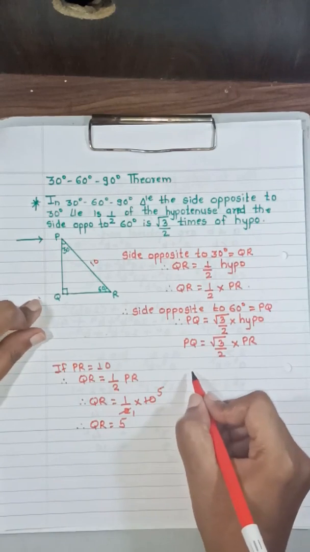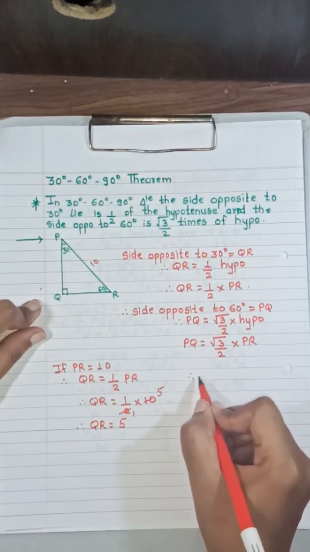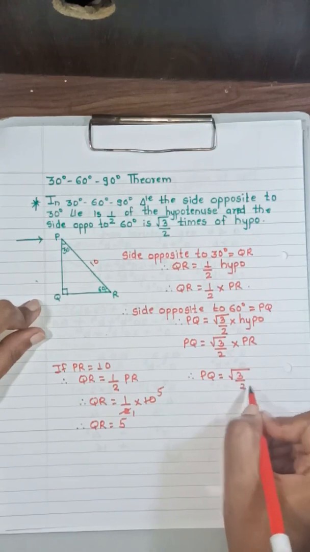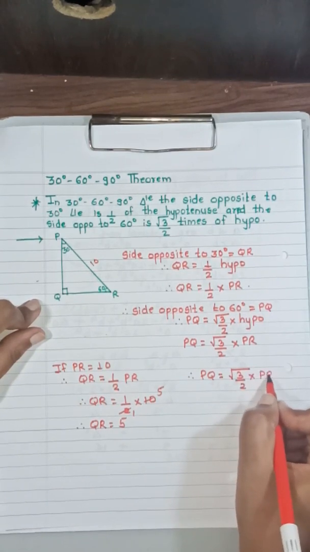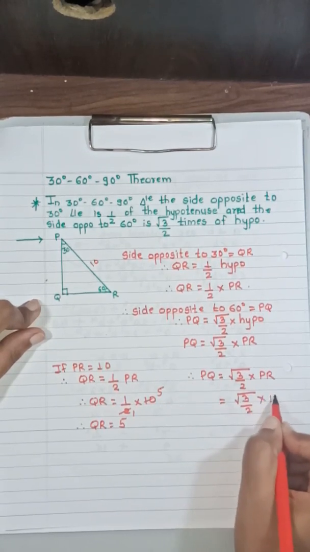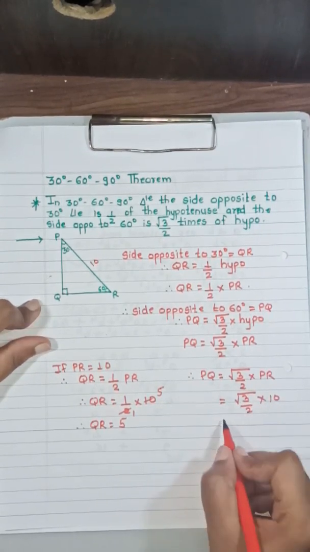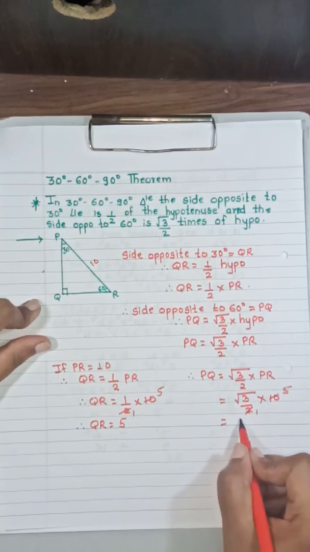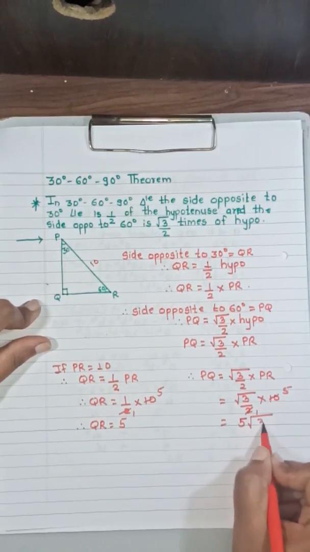Similarly you can find PQ. PQ is equal to √3 upon 2 multiplied by PR. What is the value of PR? That is 10. √3 upon 2 multiplied by 10. Therefore 2 ones are 2, 2 fives are 10. So your answer is 5√3.